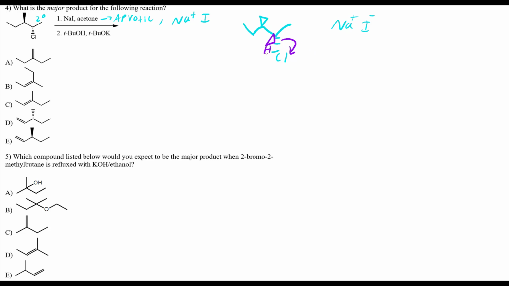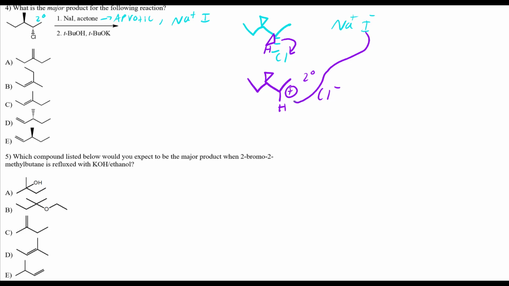Okay, so now we formed this guy, right? This chlorine came off, and this wedge became flat. It just became a line, right? And now we have a carbocation, right? So that is a secondary carbocation. Okay, this iodine sees the positive sign, and he's very attracted to it.